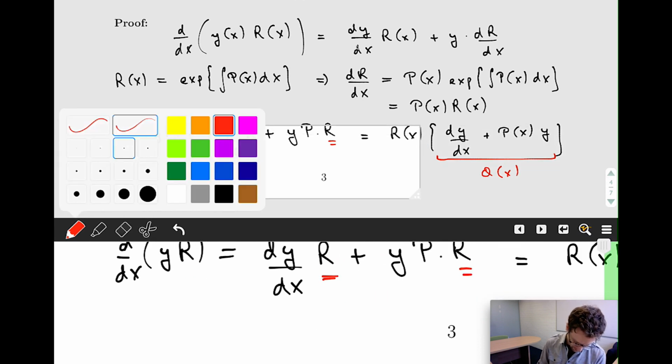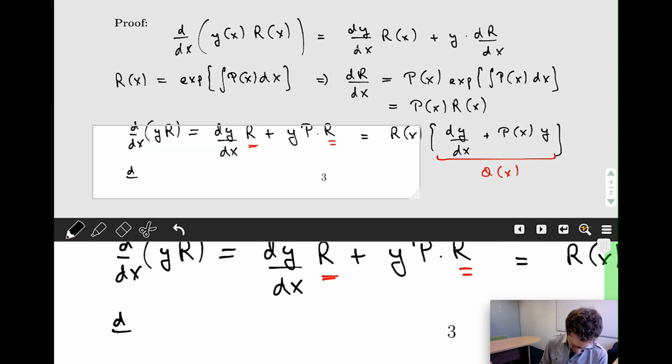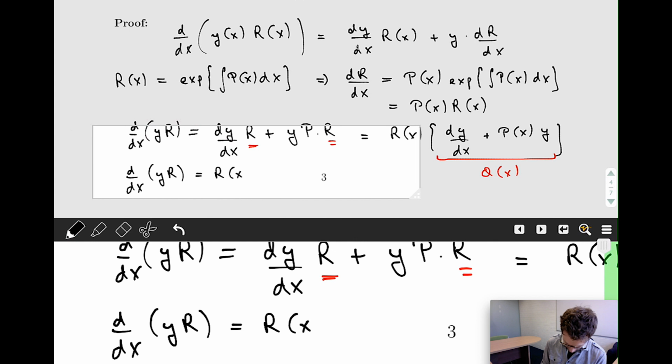So what have I found? I've found that d/dx of y times r is equal to r of x times q of x.